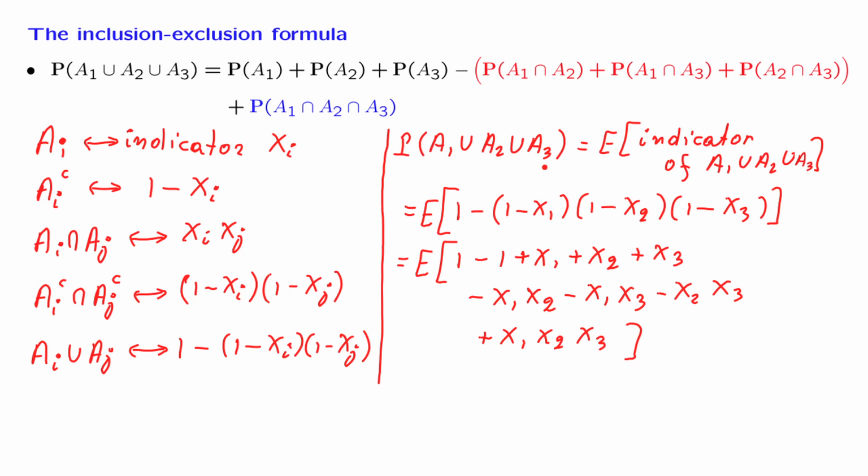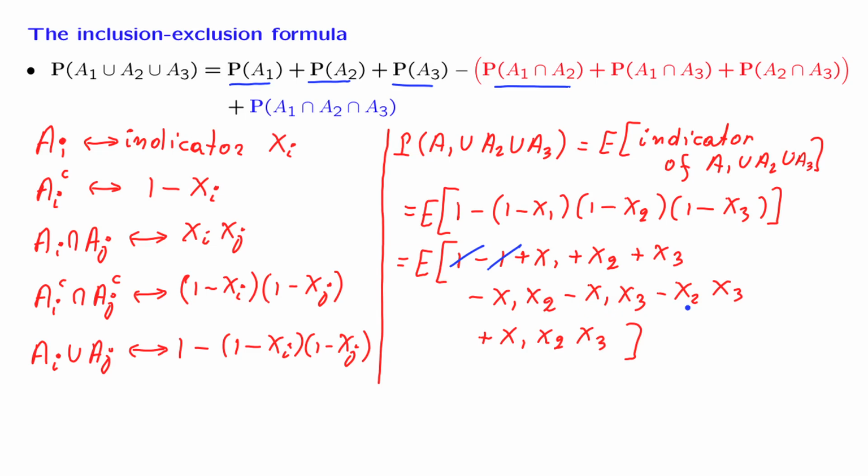So the probability of this event is equal to the expectation of this random variable here. We notice that the ones cancel out. The expected value of x1 for an indicator variable is just the probability of that event, and we get this term. The expected value of x2 and x3 give us these terms. The expected value of x1 times x2, this is the indicator random variable of the intersection. So the expected value of this term is just the probability of the intersection of A1 and A2.